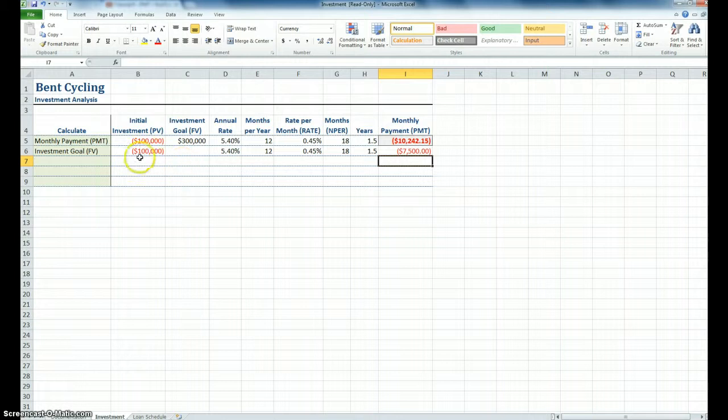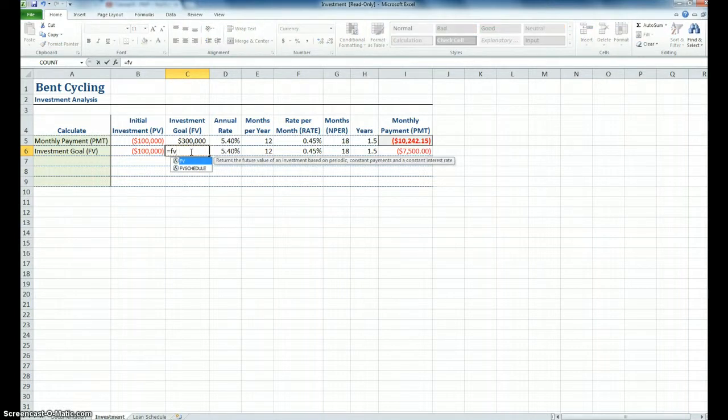So I've got all my variables in here. I just got to figure out what this number here is. So this is the future value, investment goal. This is what am I going to get to? If I start with $100,000, I add $7,500 each month for 18 months at this monthly interest rate, how much money will I have at the end of the 18 months? Equals future value.